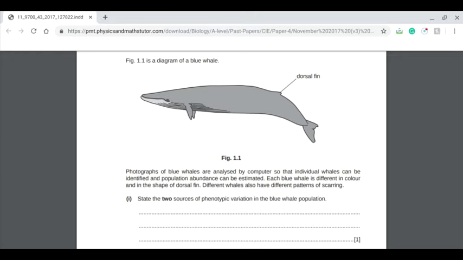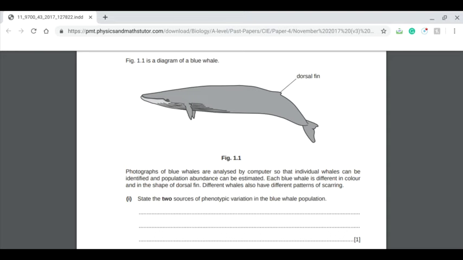Photographs of blue whales are analysed by computers so that individual whales can be identified and population abundance can be estimated. Each blue whale is different in color and in the shape of the dorsal fin. Different whales also have different patterns of scarring. State the two sources of phenotypic variation in the blue whale population.